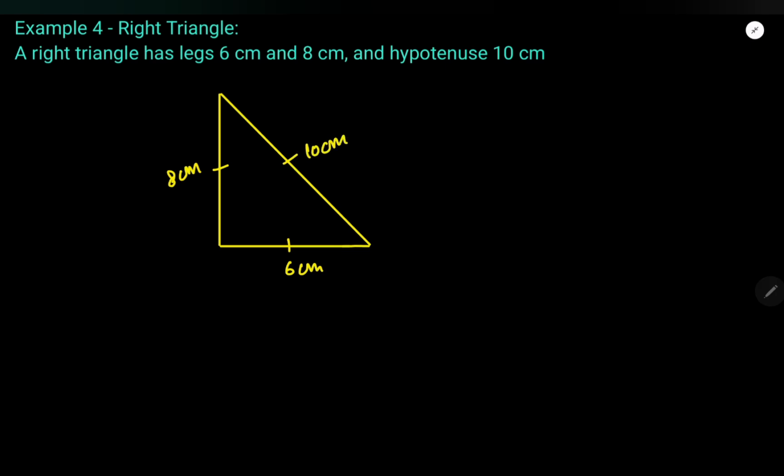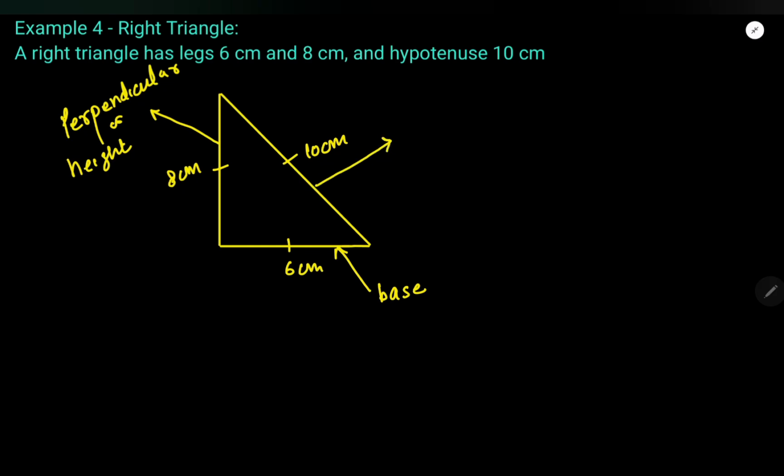Now I will tell you something about the right angle triangle. This side is known as the base, and this is known as the perpendicular or height. And the third slanted side is known as the hypotenuse.